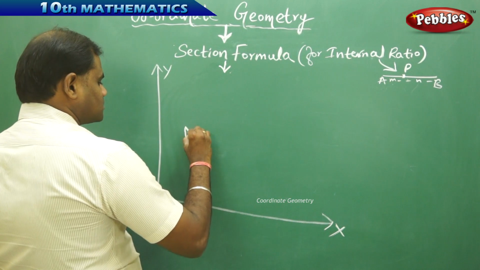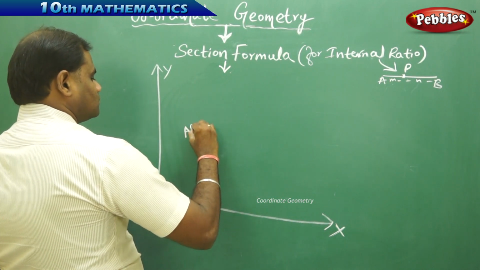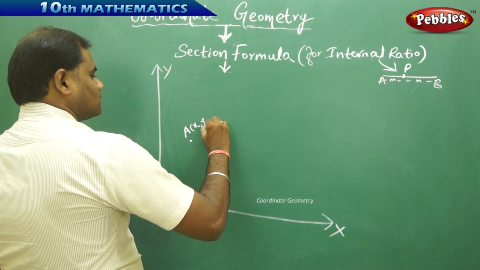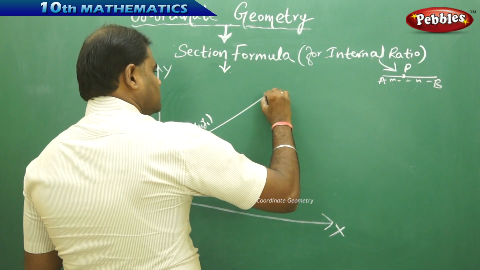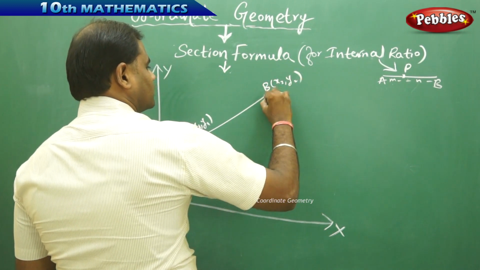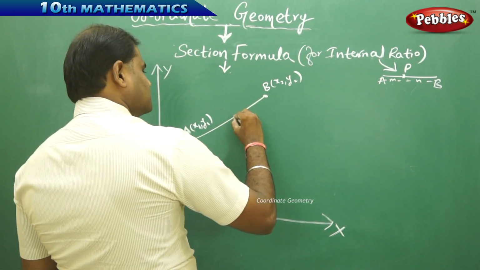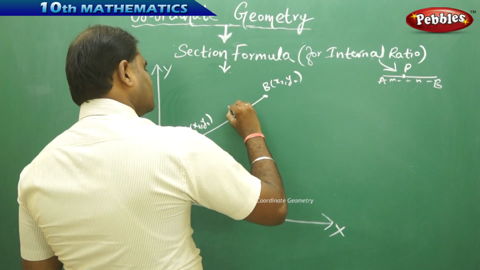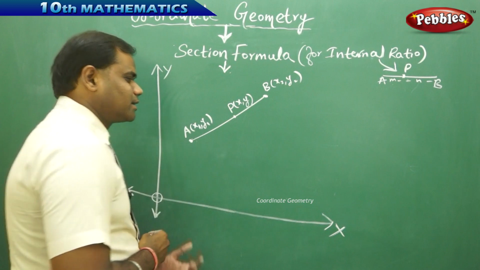The point A is here with x1 and y1 coordinates, and the point B is here with x2 and y2 coordinates. And then let me say there's a point P which divides AB in the ratio m:n, where the coordinates of P are x, y.